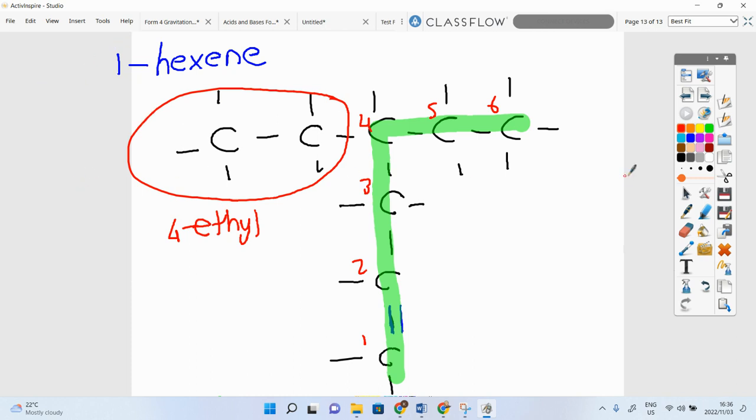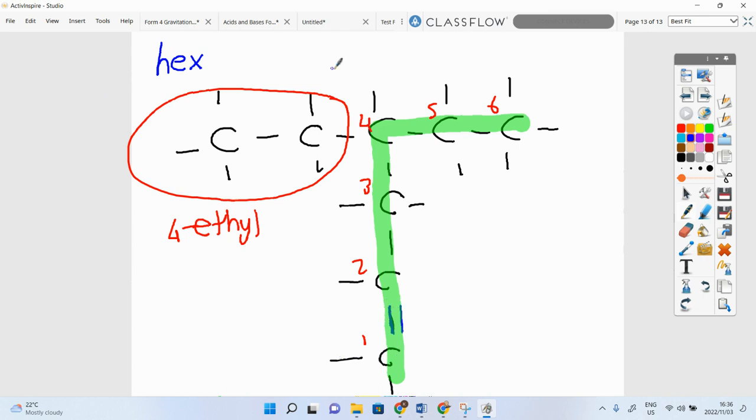So when you have something else and not just the double bond, it's better to not put the 1 in front of the hex. Go and put it by the ene, because ene tells you about the double bond. So go and put it in front of the ene. The ene is telling me the double bond is after the first carbon.